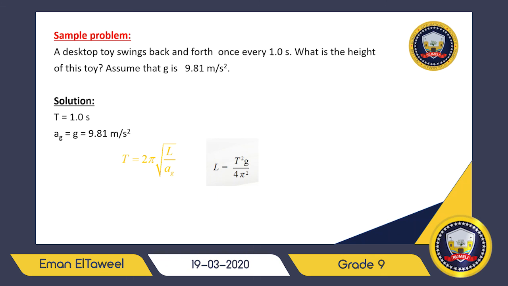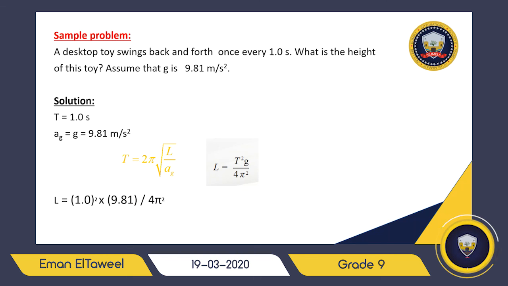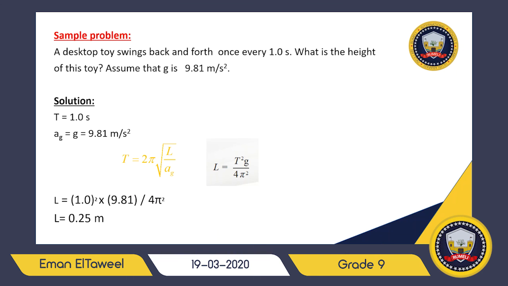So L equals T squared g over 4 pi squared. By substitution, L equals 1 squared multiplied by 9.81 divided by 4 pi squared, so it will be 0.25 meter.